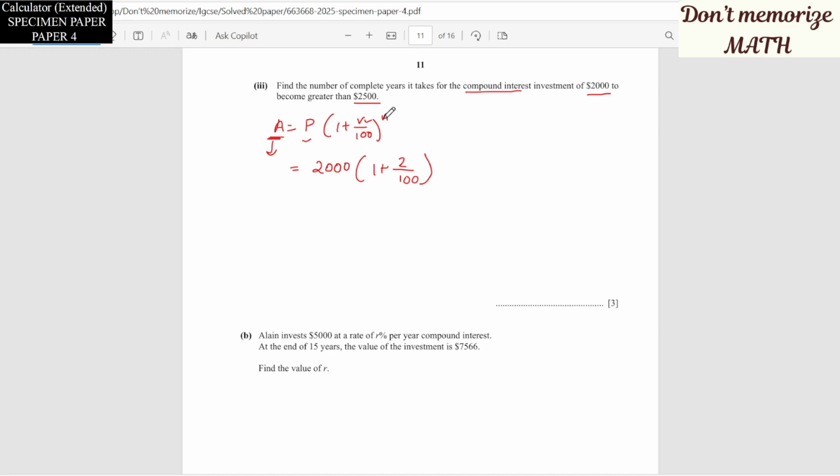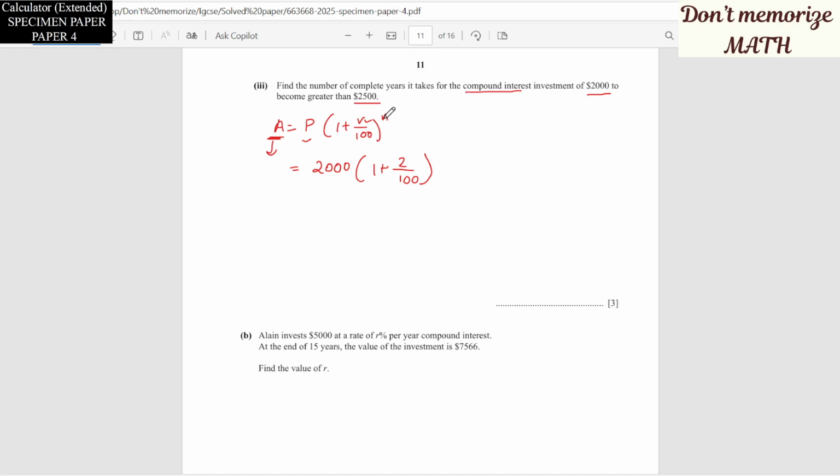We already checked that from the previous one, right? So 9. Check the answer. The answer is 2390. We need more than 2500. So take 10. It is 2400 something. No, I need more than that. So take 12.